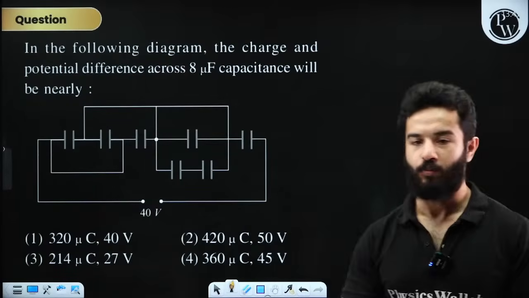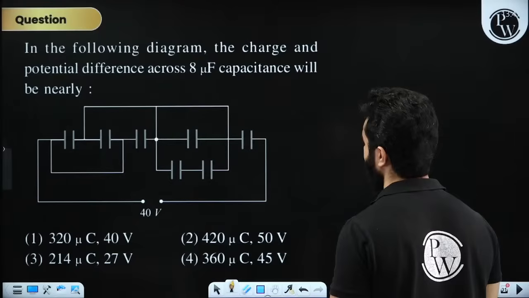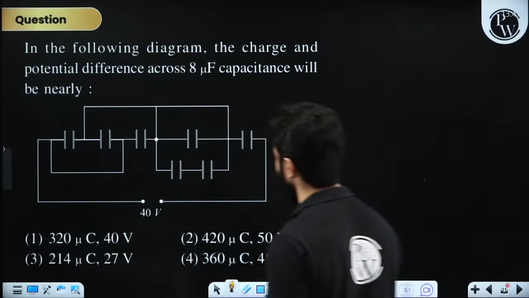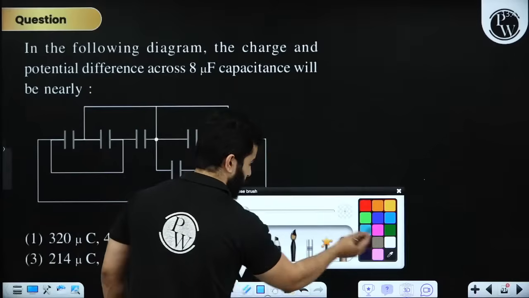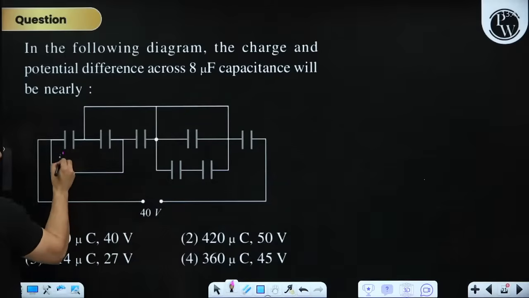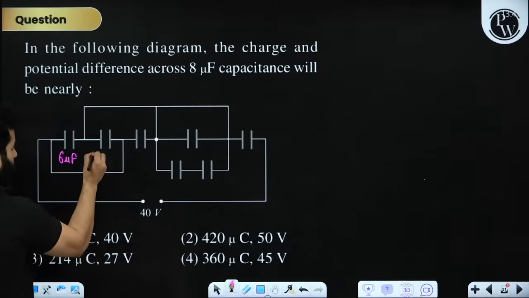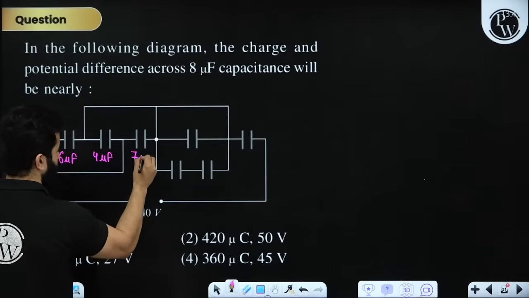This is a nice problem. Here they are saying the potential difference across 8 microfarad, the charge. Just a second, I think there is some problem with this diagram. Let me write it for you. Don't worry. This is 6 microfarad, 4 microfarad, this is 7 microfarad.